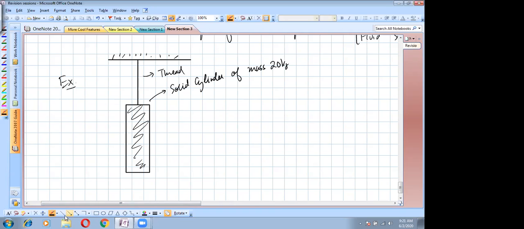Now, when the solid cylinder is kept submerged inside a fluid such that half its volume is submerged.